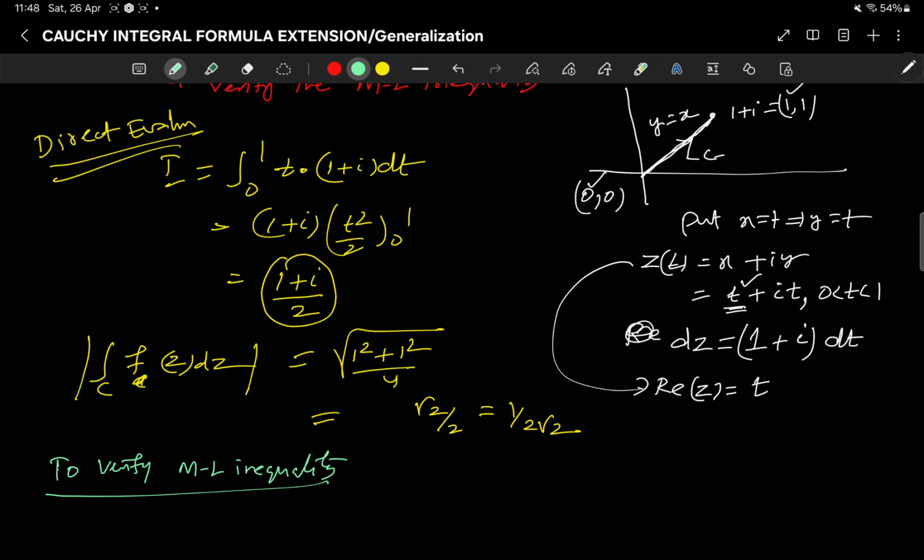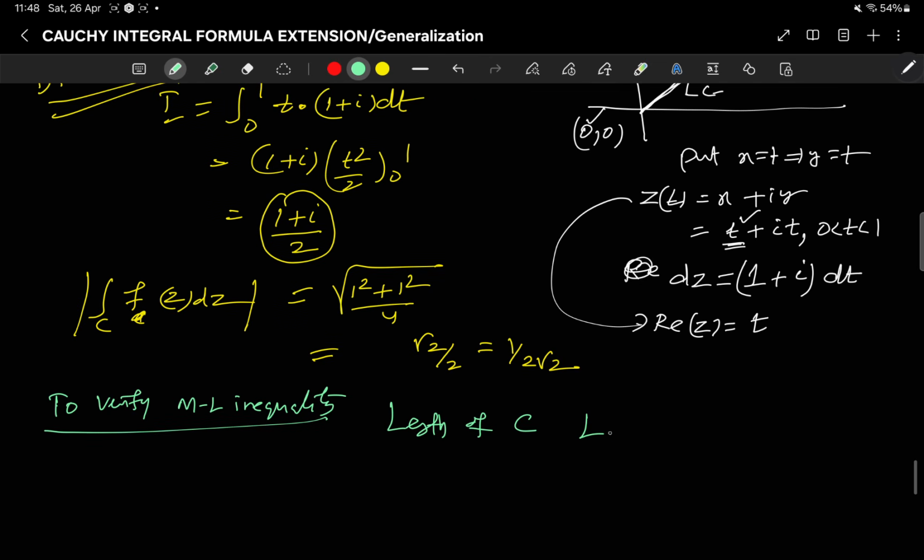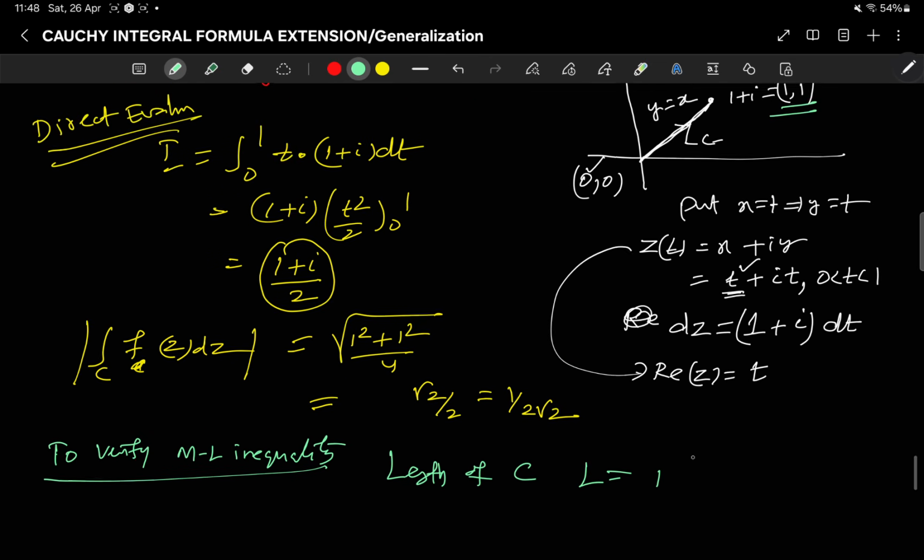we have the length of the path, length of C. So this is the distance from 0 to 1 plus i, right? L is equal to the square root of 1 squared plus 1 squared, which is root 2.